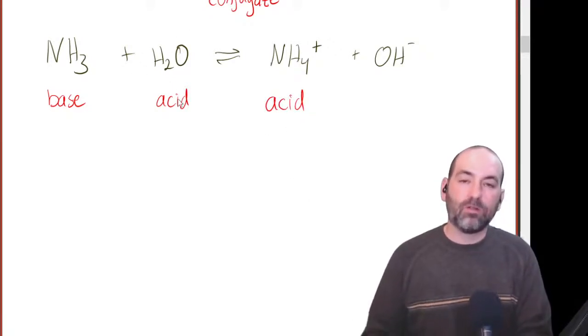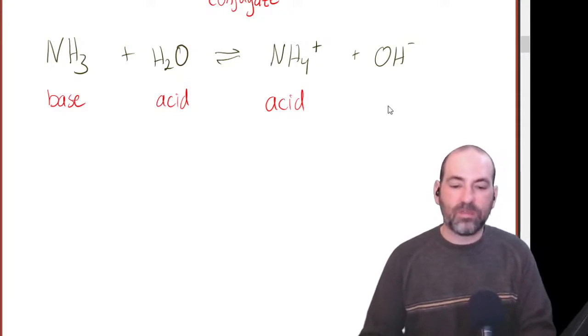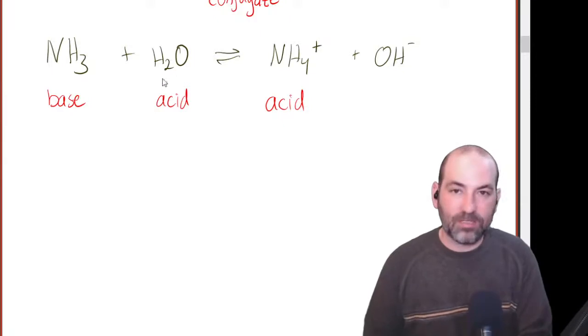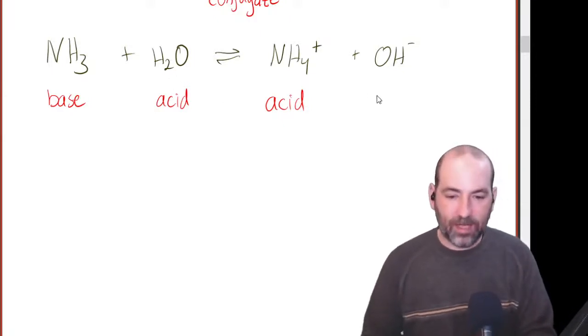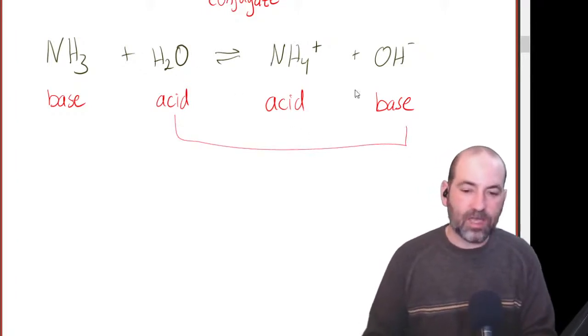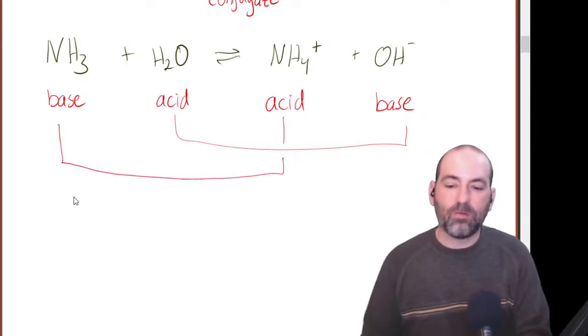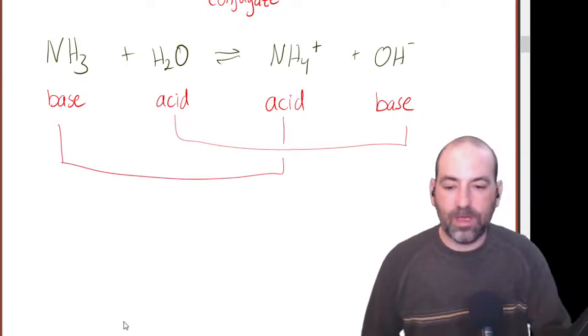And H2O loses its hydrogen and becomes a conjugate base. So the base is going to be the thing that is exactly the same as H2O, except minus a hydrogen. And so once again, we have water and hydroxide as conjugate acid base, and we have ammonium and ammonia as conjugate acid base.